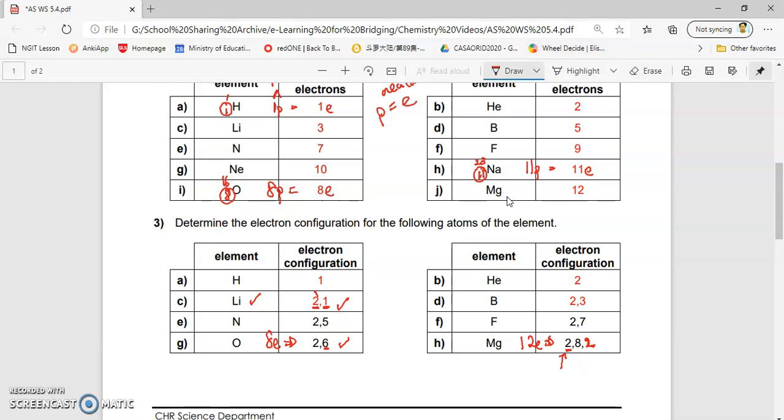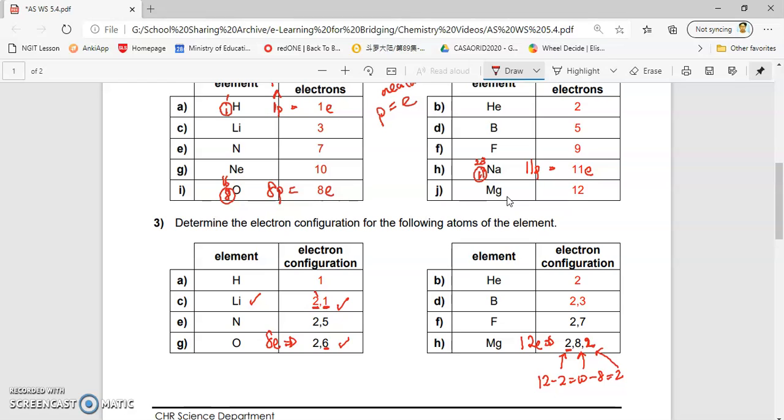So 12 minus 2, I have 10 left. The second shell can only hold 8, so 10 minus 8, I have 2 left. And the 2 will go to the last shell. Do take note of this.